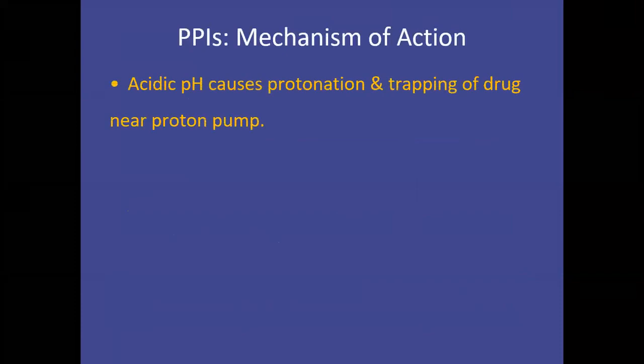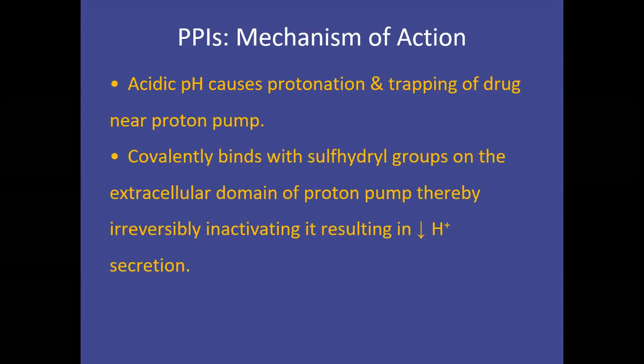Acidic pH causes protonation and trapping of the drug near the proton pump. It binds covalently with the sulfhydryl groups on the extracellular domain of the proton pump, thereby irreversibly inactivating it, resulting in decreased H+ secretion, because the pump is inhibited irreversibly.